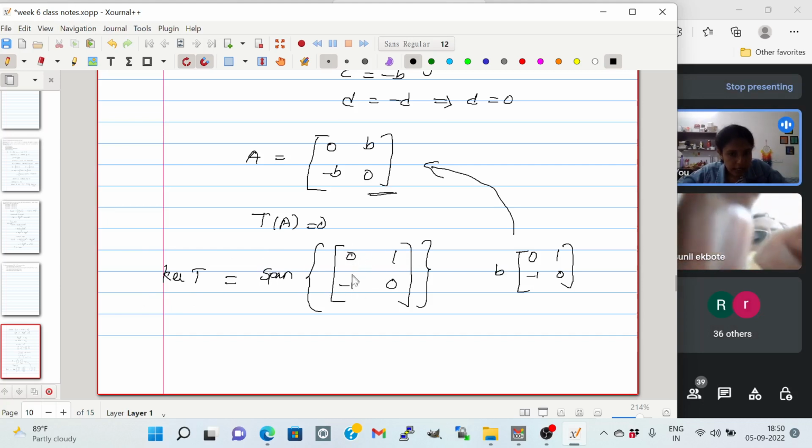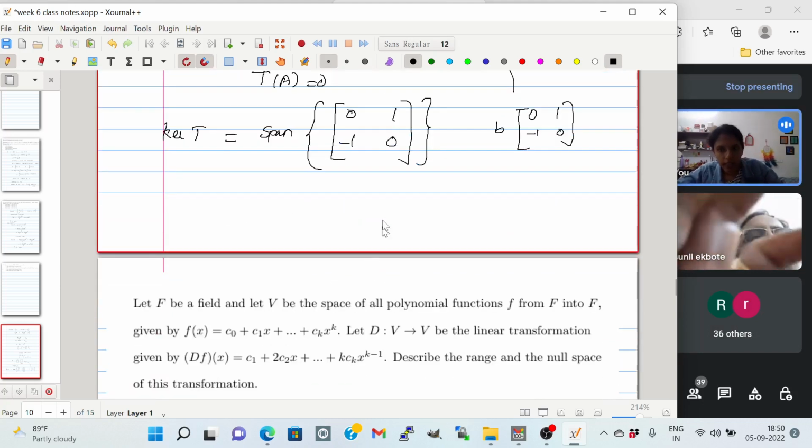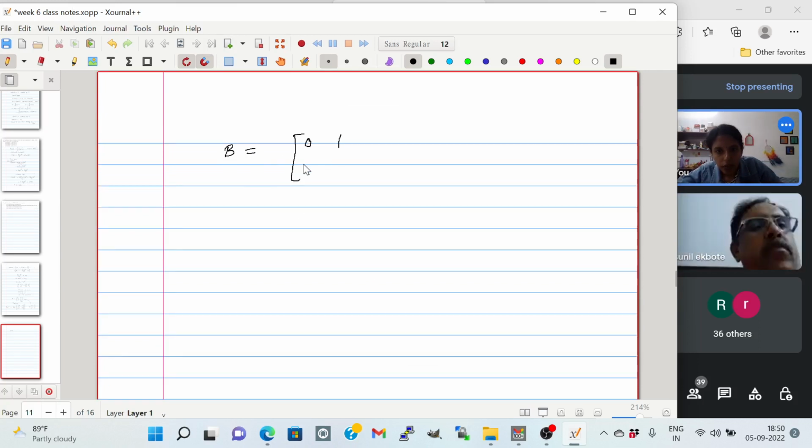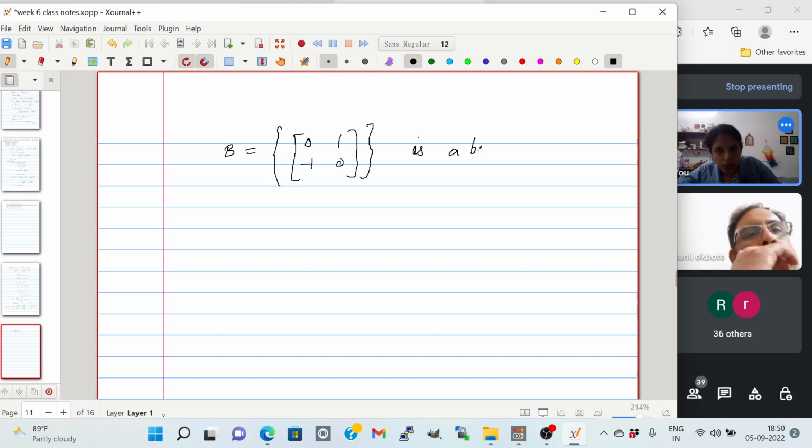That is, B equals {[0, 1; minus 1, 0]} is a basis for the kernel of T. Is this clear now?